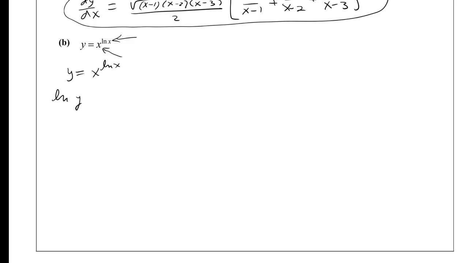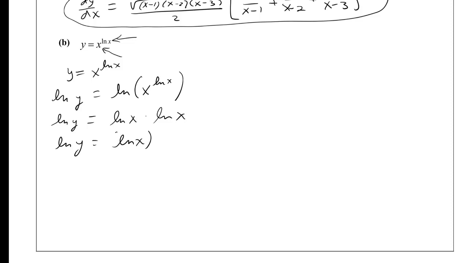That would be ln y equals ln of x to the ln x. But realize on the right-hand side, ln of x is the exponent there, so that can come out in front. And what I actually get is the quantity ln x squared.